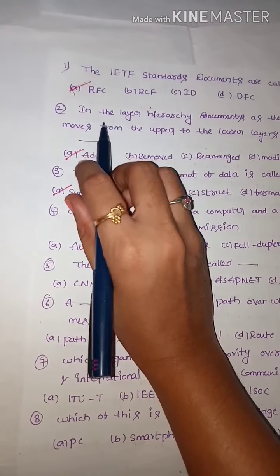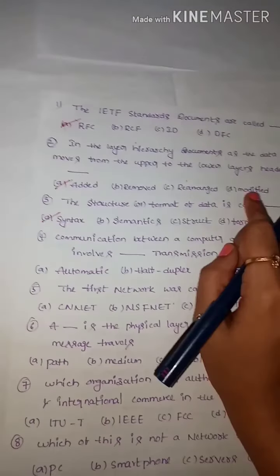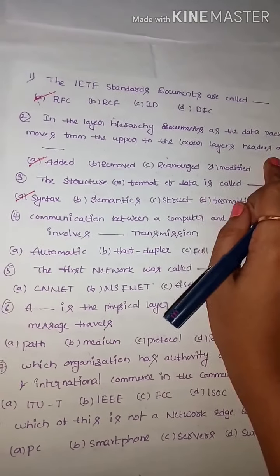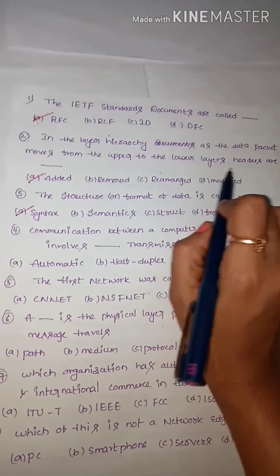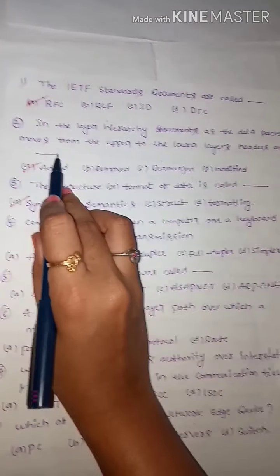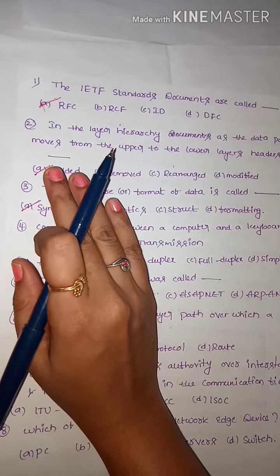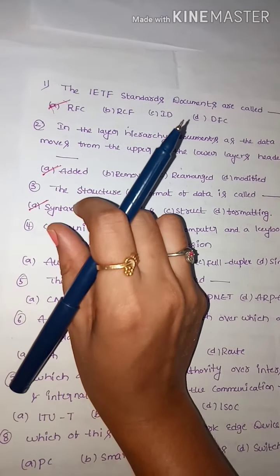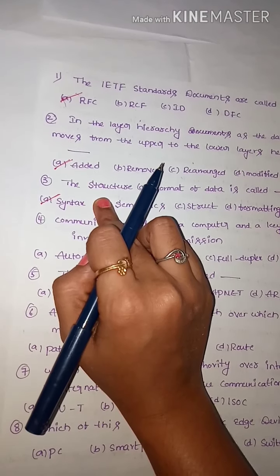Second one, in the layer hierarchy, as the data packet moves from the upper to the lower layers, headers are dash. As we know, each layer adds its own header to packets from the previous layer.